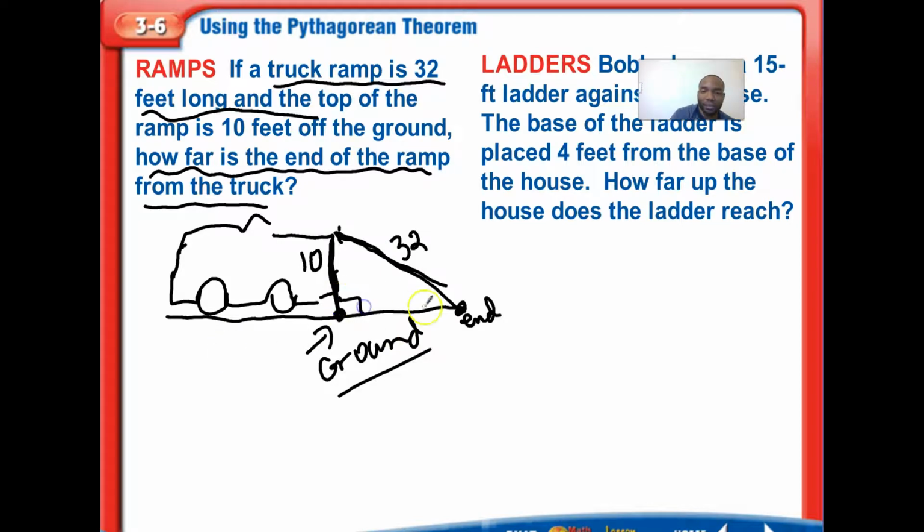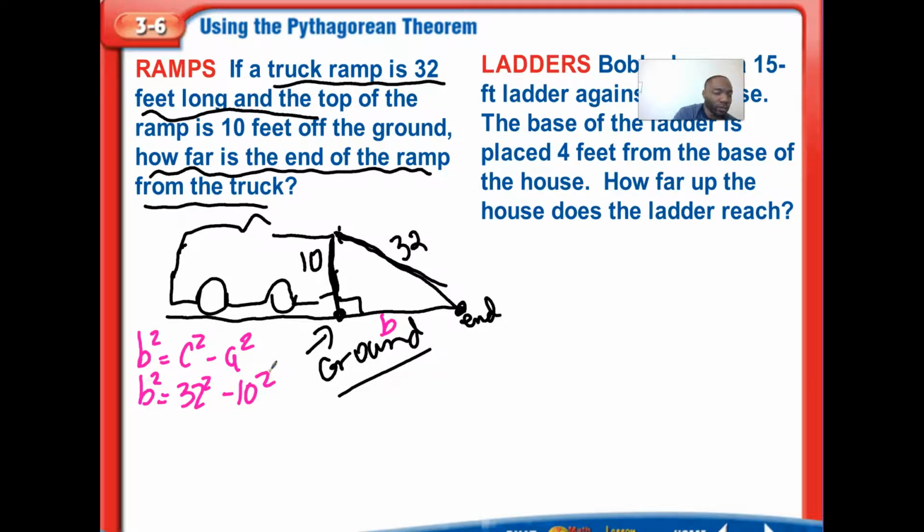So I'm looking to find what? My B. Because usually I call my B the horizontal side. So I have my equation, B squared is equal to C squared minus A squared. So B squared is equal to 32 squared minus 10 squared.